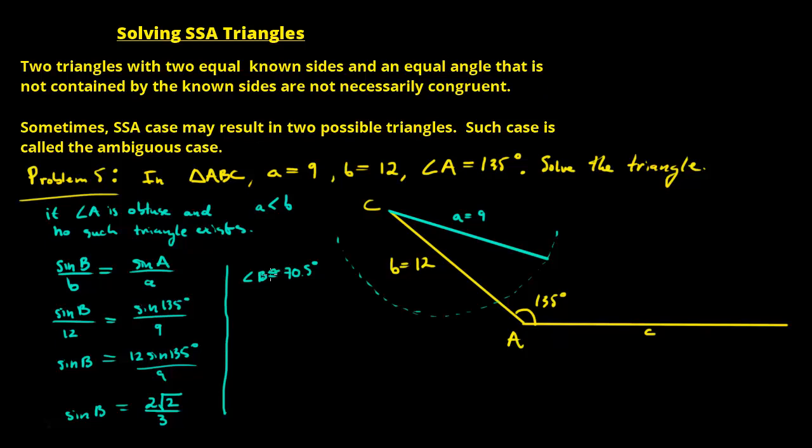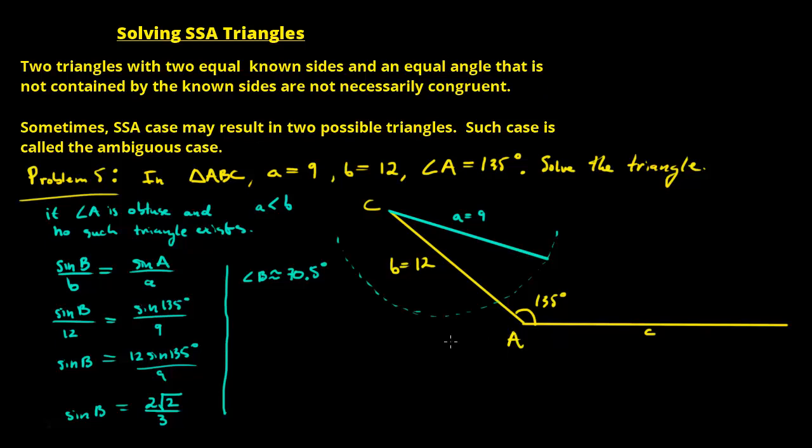And of course this is an approximation, so angle B is approximately 70.5 degrees. And if I trusted my calculator, something's wrong, because we know that the interior angles in a triangle should add to 180 degrees.